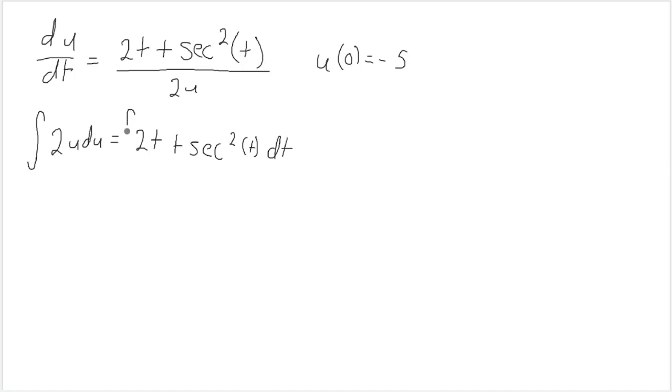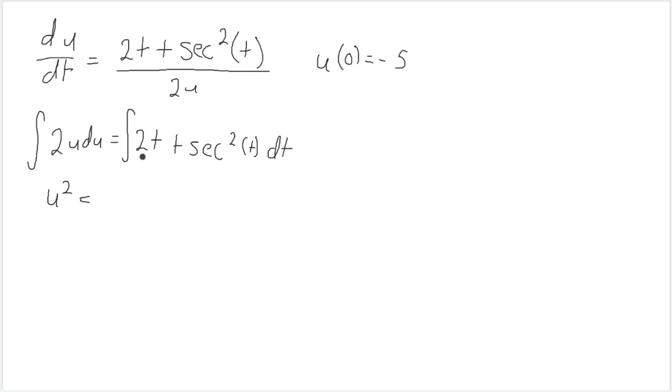So I have some indefinite integral, and since this is 2u, I can just say this when it integrates is u squared, because this u gains a 2 out the front and gains 1/2 out the front. The 2's cancel each other out.